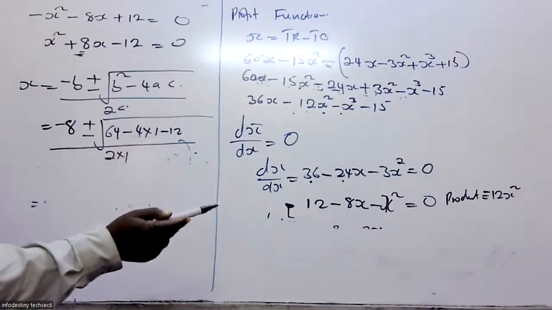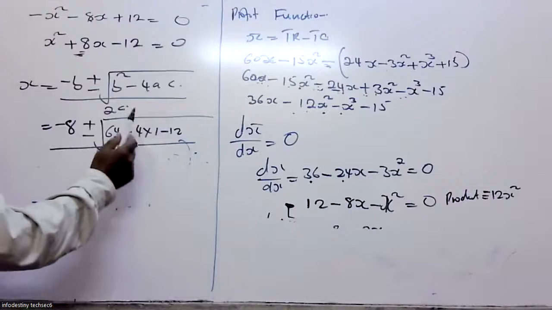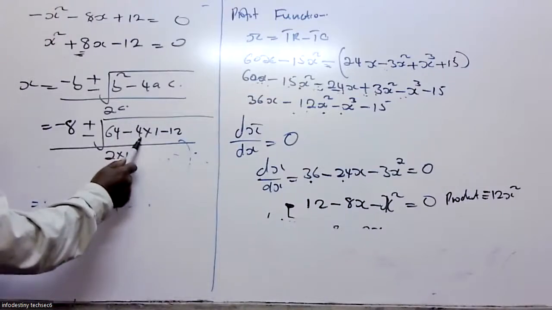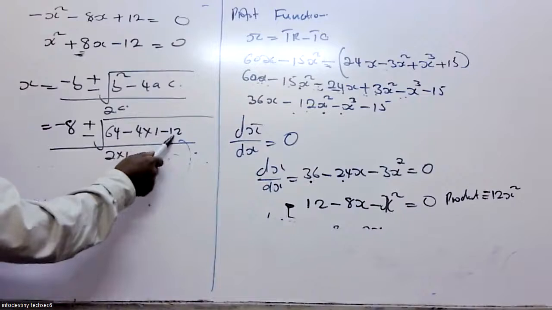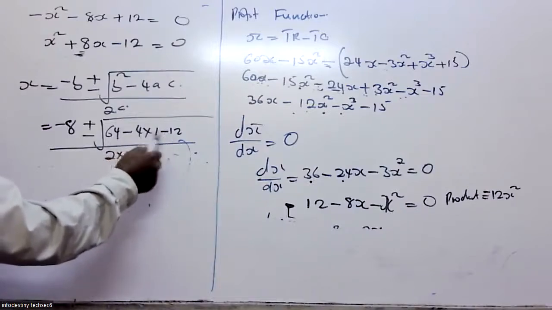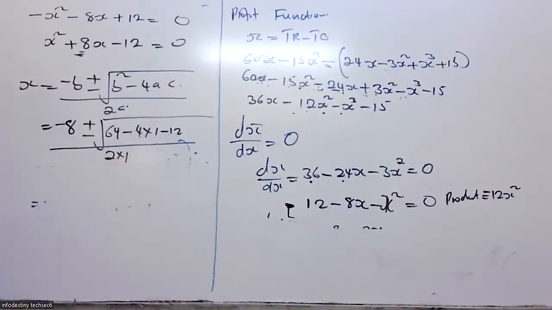So this and this is going to be positive. This 64, sorry, c is 12. 64 plus this, 4 times 12, 48, plus 64 is 112.